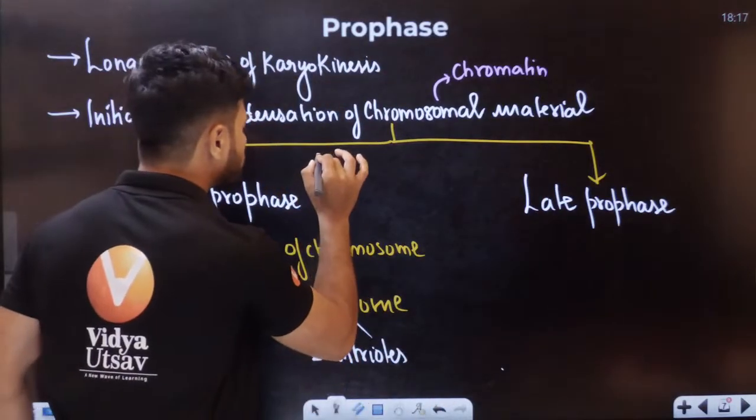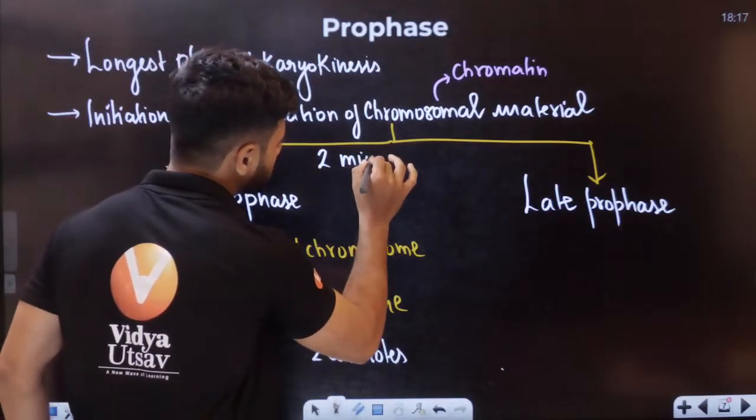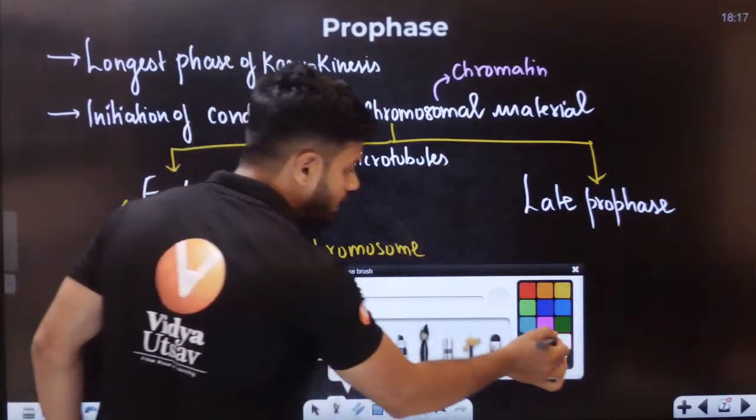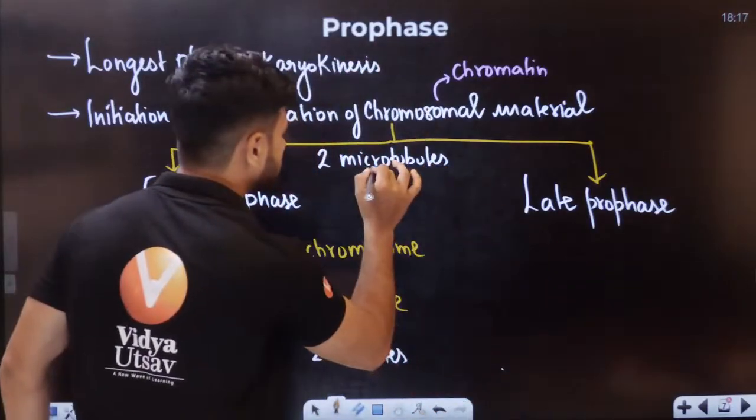There are two types of microtubules here.